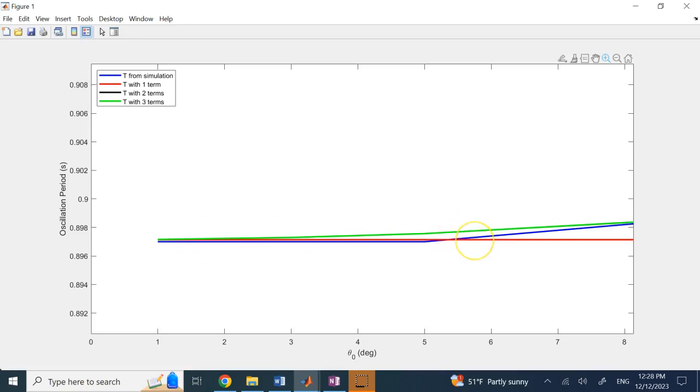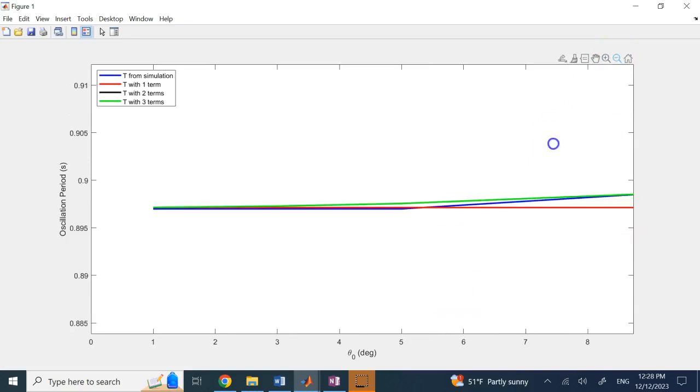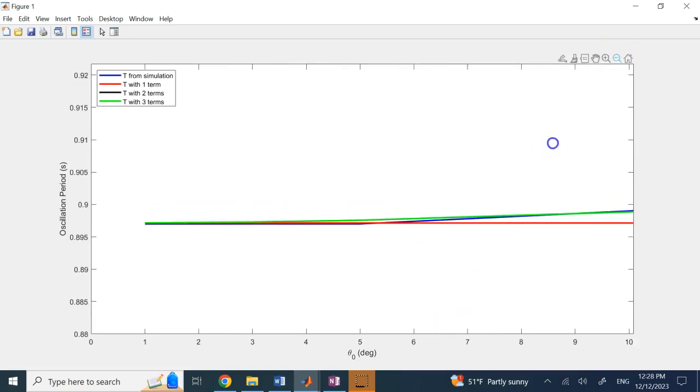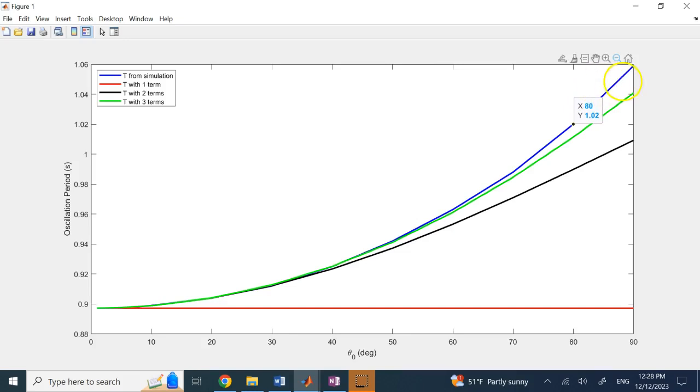The red curve, which is the simple formula, and the blue one, which is the simulated one, are almost on top of each other. So below 5 or 6 degrees, the simple constant formula is very good. But after that, the red curve and the blue curve deviate substantially, and as the angle gets bigger and bigger, this deviation gets bigger and bigger.